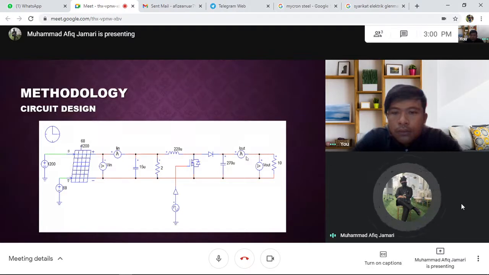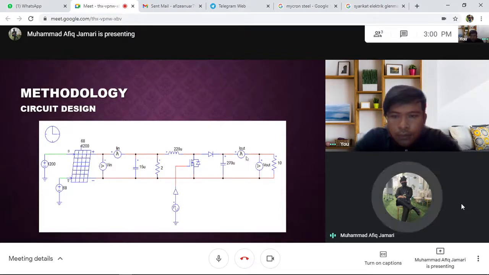It has a solar module, two resistors valued 10 ohm and 2 ohm, two capacitors valued 270 micro and 50 micro, one inductor valued 220 micro, a diode, a square wave voltage source, and a MOSFET.